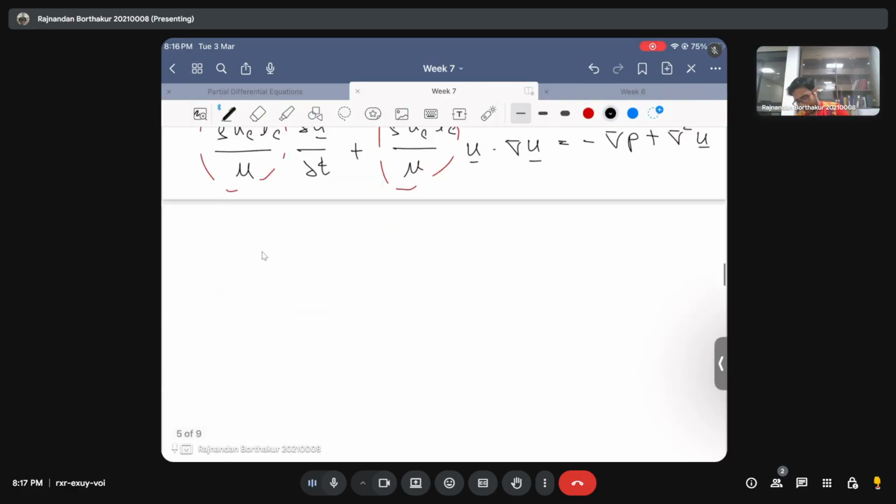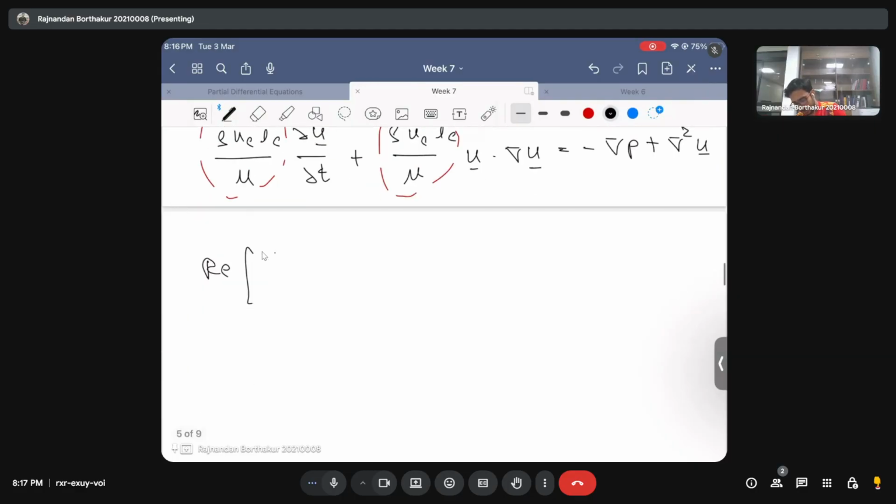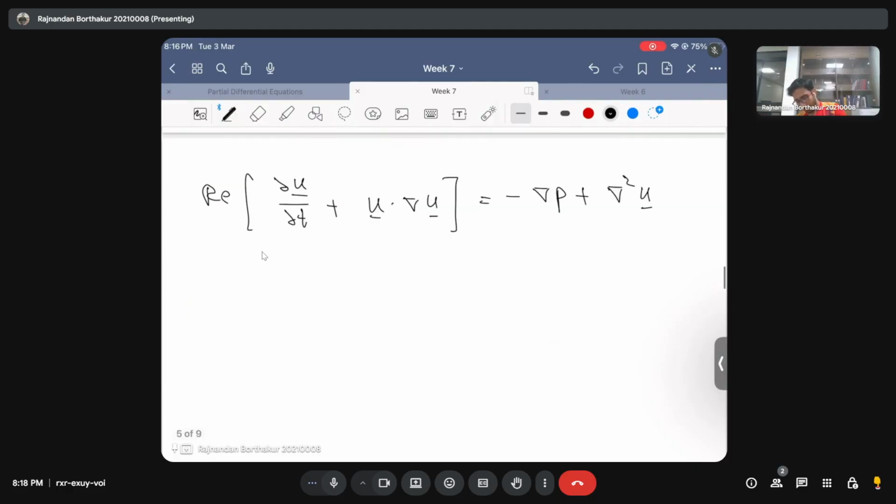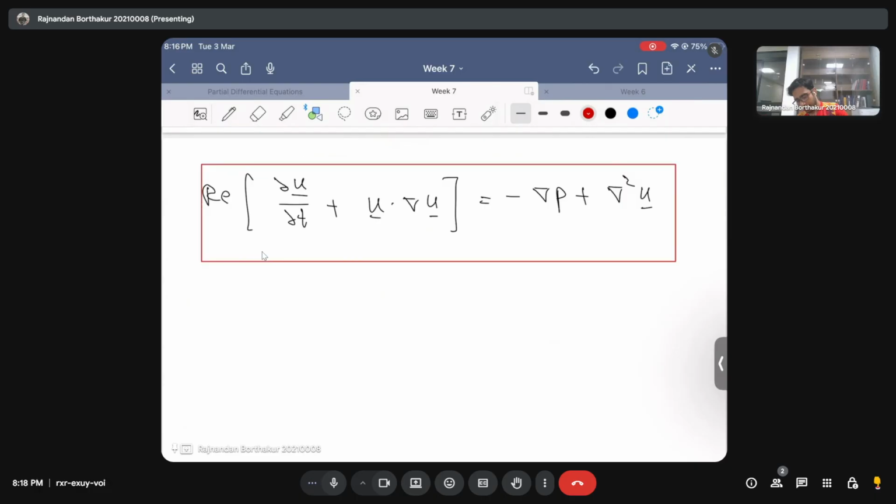So I can write this with the Reynolds number taken common as Re times del U bar by del T plus U dot grad U, equal to minus gradient of P plus del squared U. That's the non-dimensional version of the Navier-Stokes equation, where you have all the non-dimensional variables and the Reynolds number.